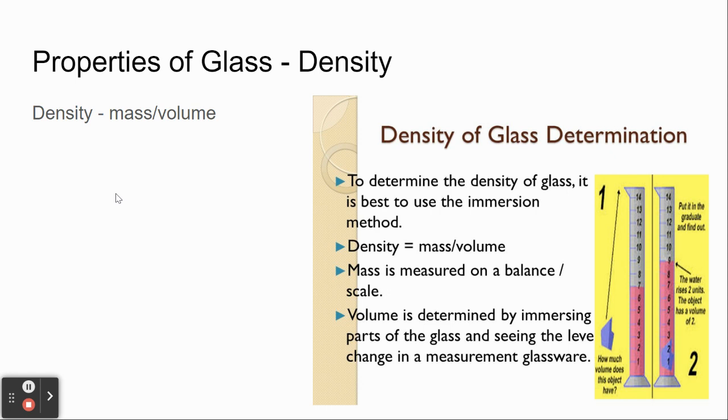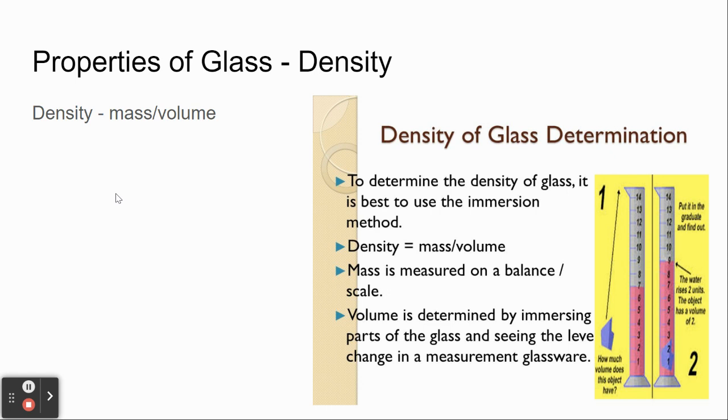You then deposit that piece of glass, and you see how much that level of water rises with that piece of glass in there. And so that's going to tell you the volume of it. You put the piece of glass on a digital balance, and you're going to get its mass. So you take your mass divided by volume, and ta-da, you're going to have its density.